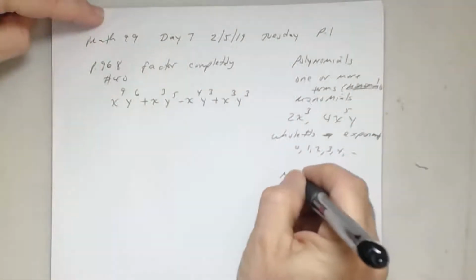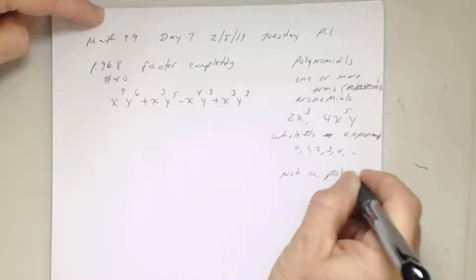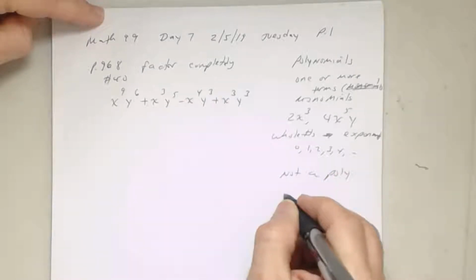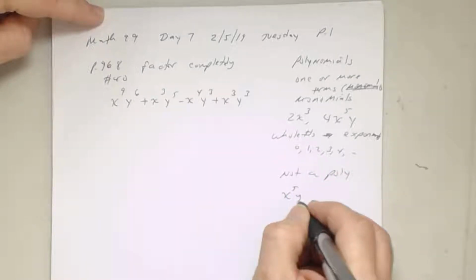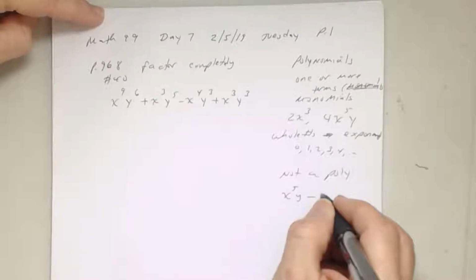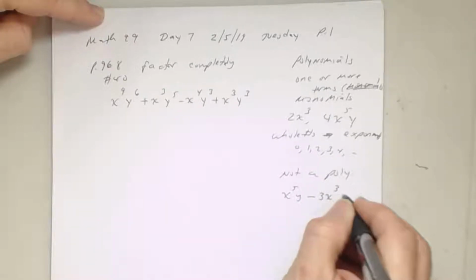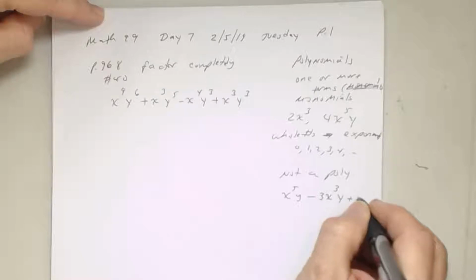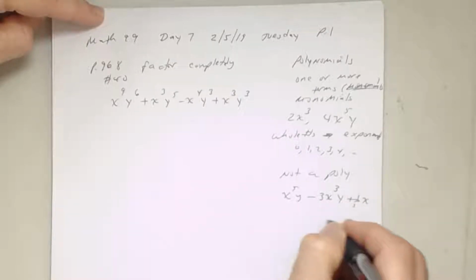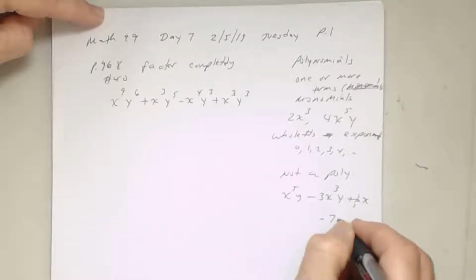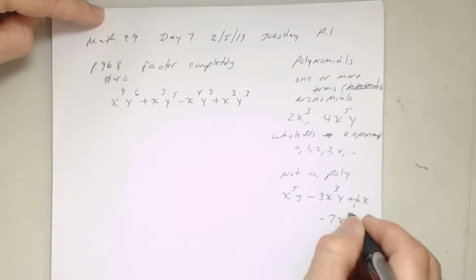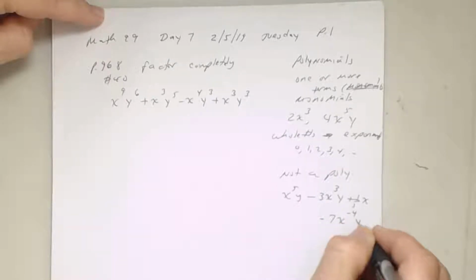This is not a polynomial right here. x to the fifth y, minus 3x cubed y, plus 1/5 x, minus 7x to the negative fourth y cubed.